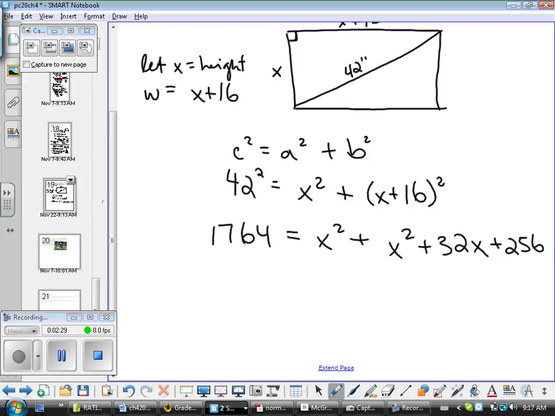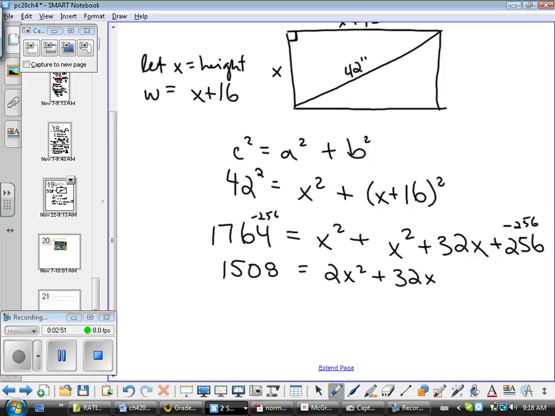I'm going to start by subtracting 256 from both sides. And that's going to leave me with 1,508. Okay. And here we've got 2x squared plus 32x.